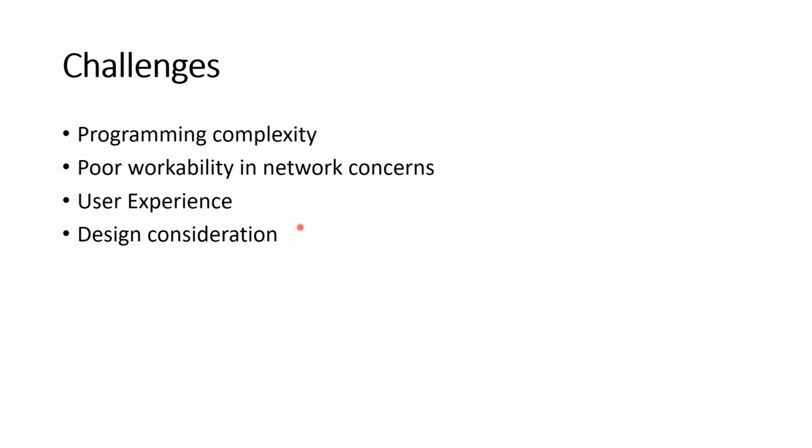Sometimes, let's say you're sending a message on Viber or even Messenger, the message that you sent last may go and settle somewhere above. For example, you have written line 1, line 2, line 3, line 4, and line 4 jumps in between line 1 and 2. It's not in order. So that's where the poor workability in network concerns comes in.